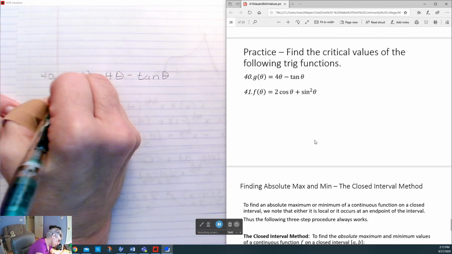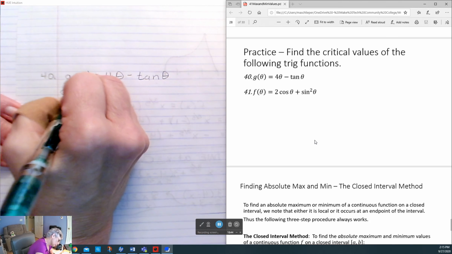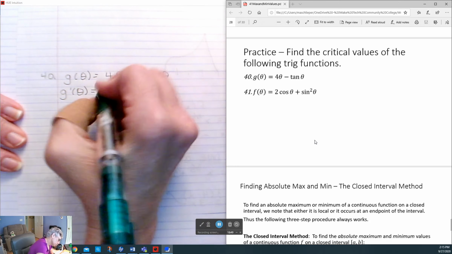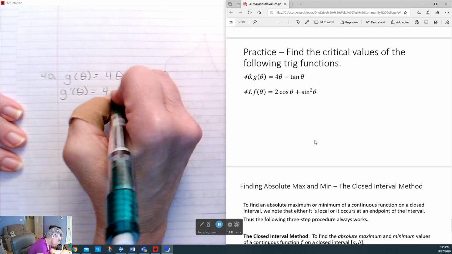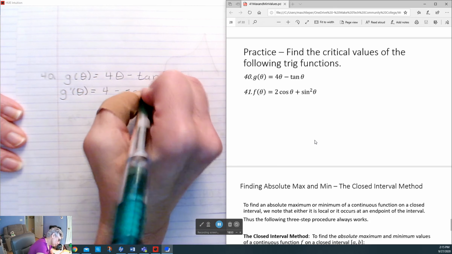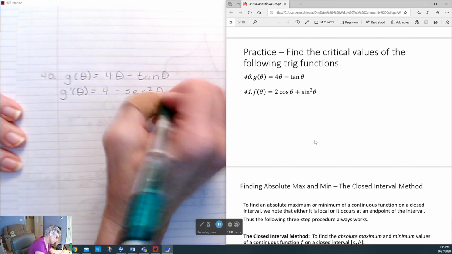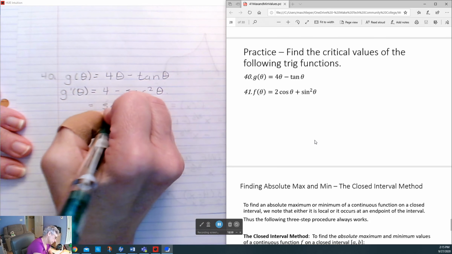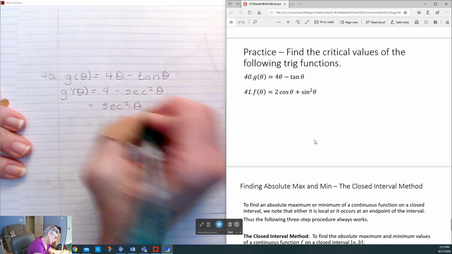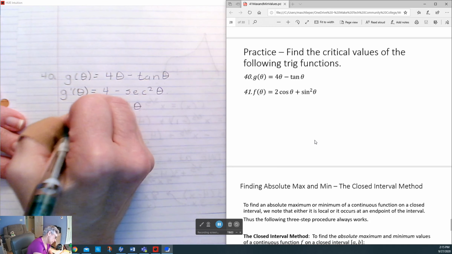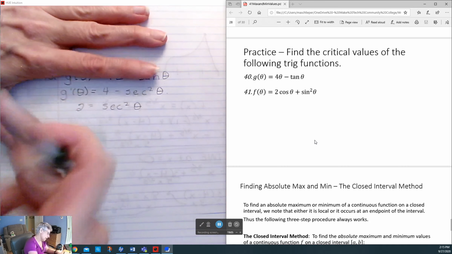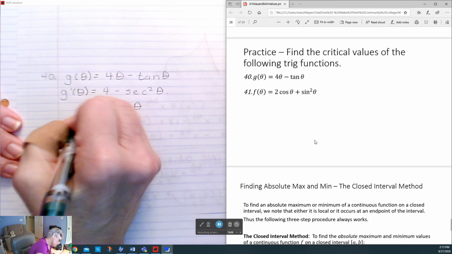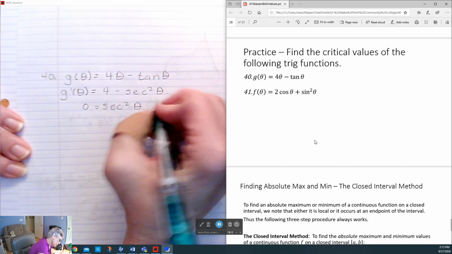Let's look at the derivative. Set it equal to 0. Secant squared.